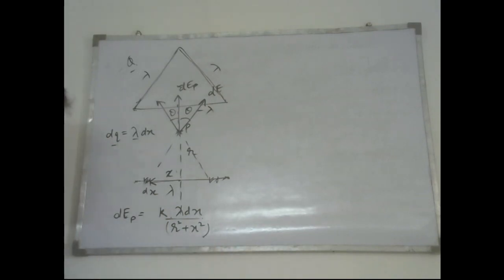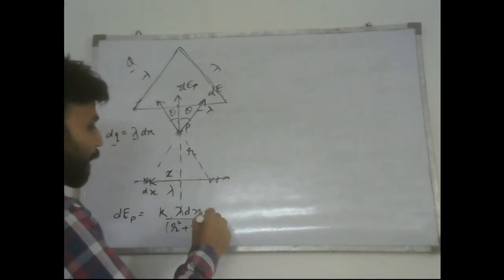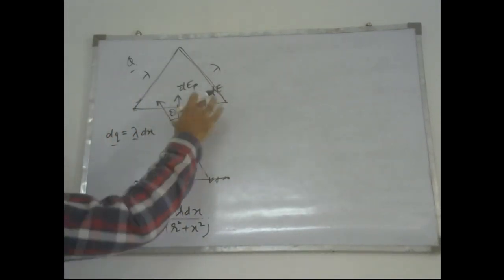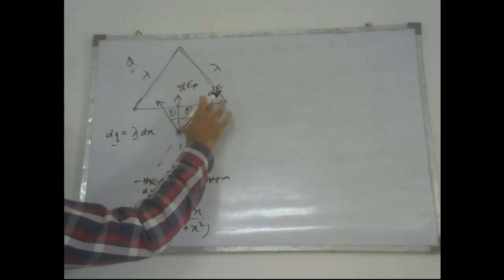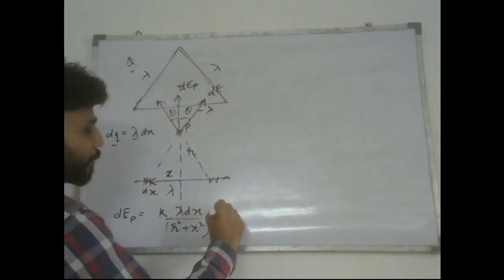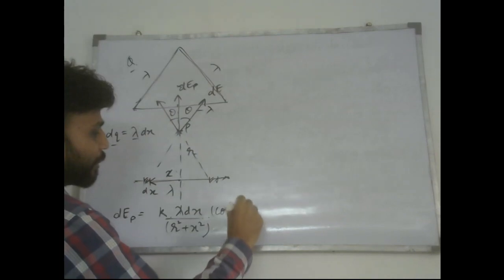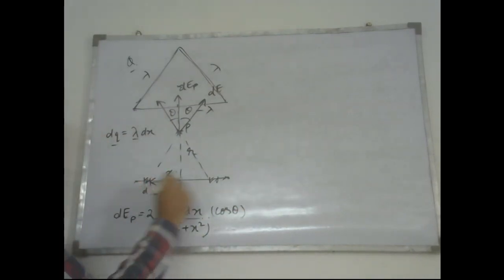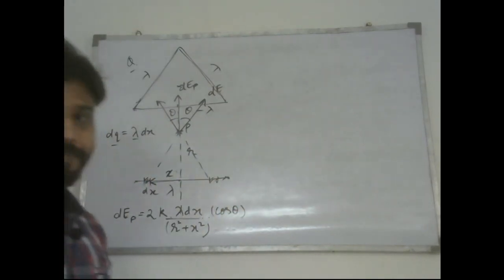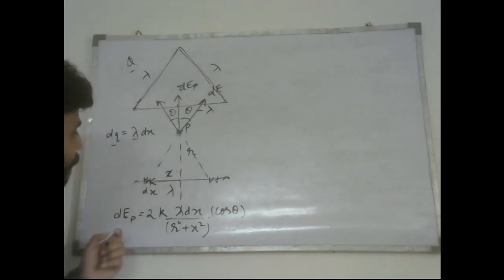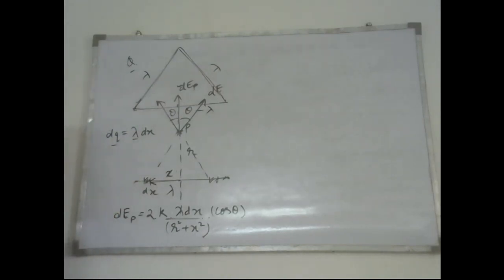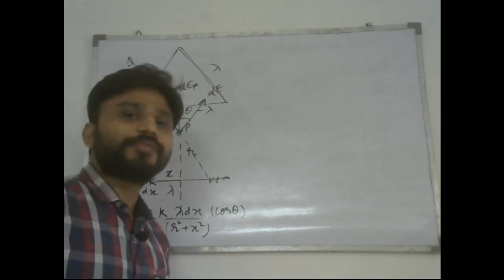So it remains r square plus x square, and a cos theta component for this dE, some cos theta, and then taking 2 times because we are taking 2 elements. So this is the expression which we have to arrive at. While arriving at this expression, we took some steps.